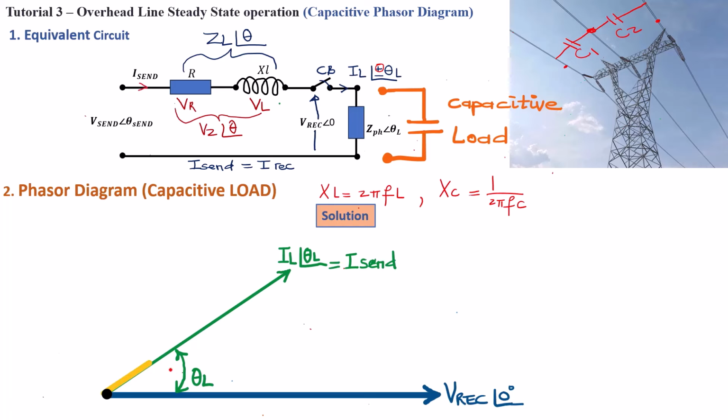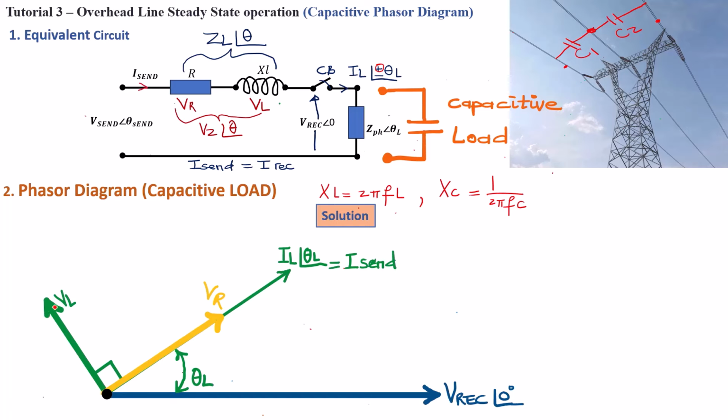So that voltage will be in phase with IL, that will be VR. And we also know that there will be another voltage that will develop across XL, the inductive reactance of the line, and that voltage is going to lead VR by an angle of 90 degrees.